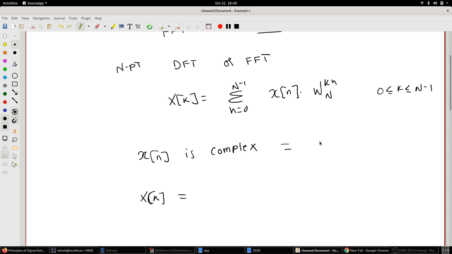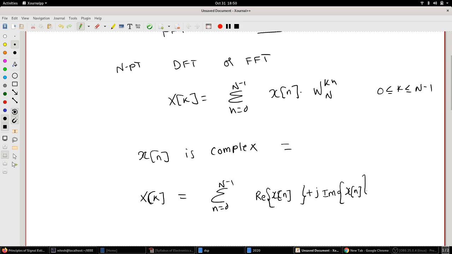Then X of k will be summation n equal to 0 to N minus 1, where x of n has a real part of x of n plus j into the imaginary part of x of n.